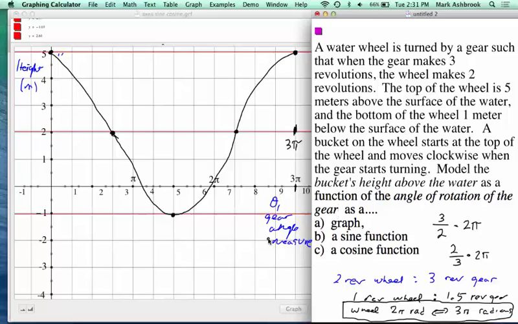So now it's just like the problems we had earlier in class. Can you write this as a sine and as a cosine, now that you have the graph? Go. Or should we already have it? Is that why there's no activity?